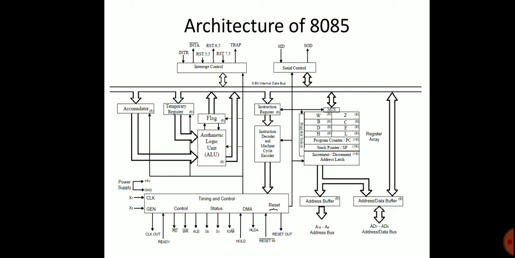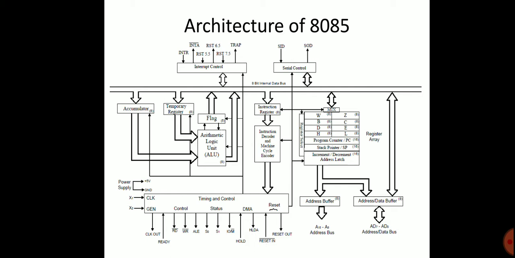The ALU performs 8-bit addition, 16-bit binary addition, 2-digit BCD addition, and 8-bit subtraction, and then 8-bit logical operations. It has an 8-bit accumulator, flag register, instruction register, six 8-bit general purpose registers and two 16-bit registers.